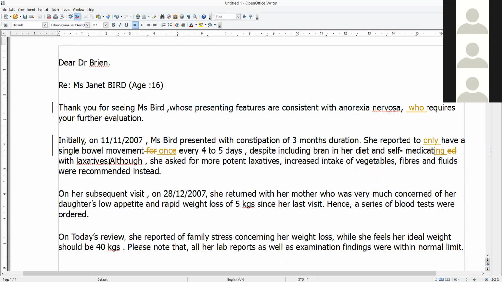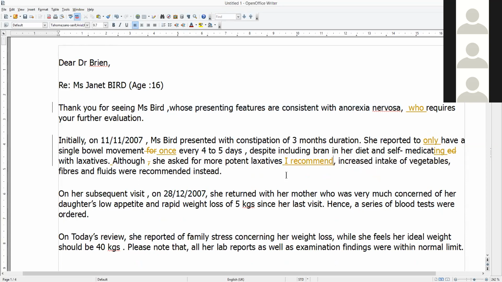Okay, that's good. Although, don't need a comma, although she has some more potent laxatives. I don't know why you are doing this. Let's just say some more potent laxatives.